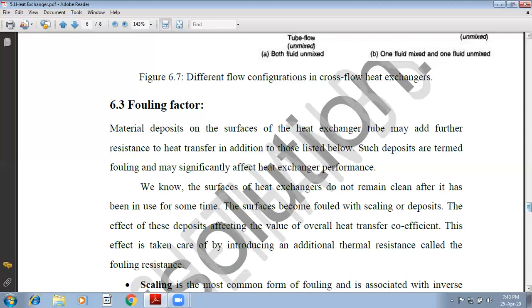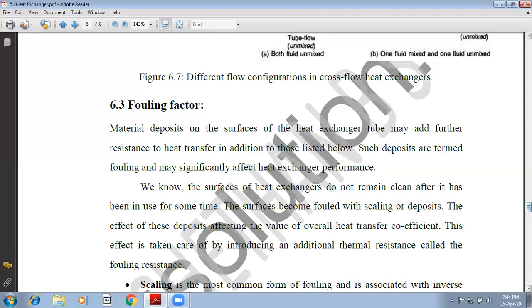That deposition is nothing but fouling. Now this acts as a resistance for the heat transfer. The fouling in turn increases the resistance, which will decrease the heat transfer.